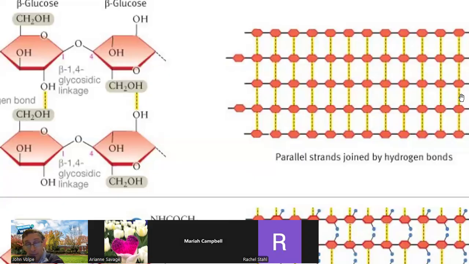That makes cellulose difficult to digest. And people, as you know, cannot digest cellulose. Cows by themselves cannot digest cellulose either, but they have four stomachs, and in their stomachs they have microorganisms which can digest cellulose.